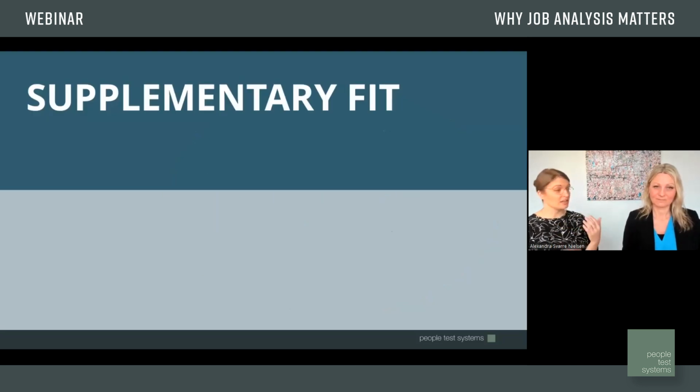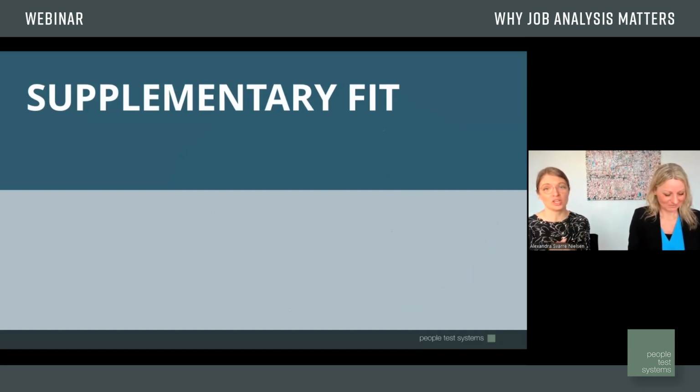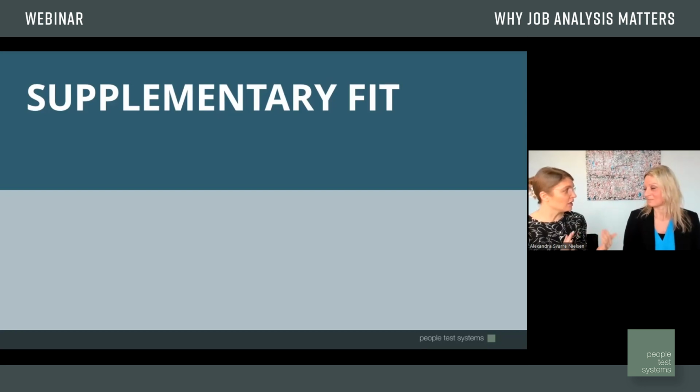So the second fit is, the second concept that we would like to present to you is about whether or not what we're looking for is something that can add new competencies to the team, or whether or not we want to strengthen the existing ones. So when research talk about supplementary fit, they are talking about strengthening the existing competencies, and it can be both professional or academic, and personal behavioral as well.